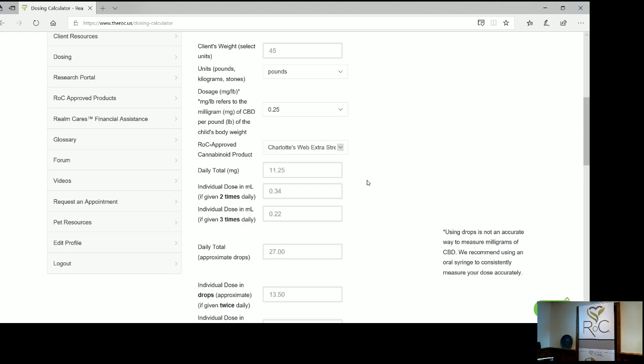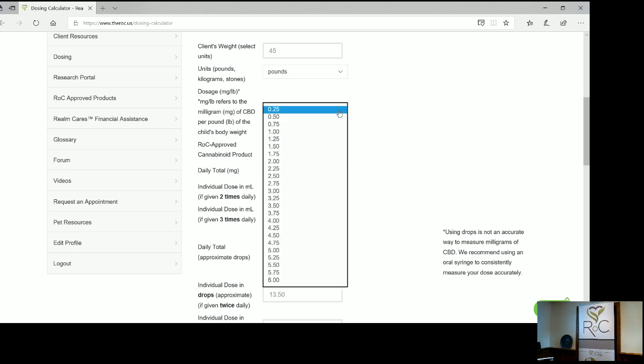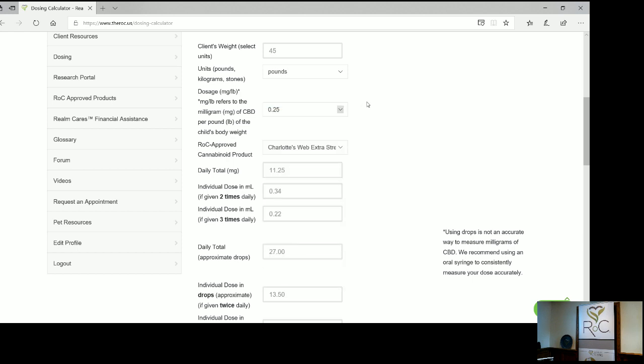We're starting with 0.25 milligrams of CBD per pound. Now, this is typically the general starting dose for people. If your child is not using any type of medication or maybe not necessarily sensitive, you can technically start with 0.5 milligrams per pound, but we want to find the smallest dose that's going to provide the maximum benefit. So it's always easier to go low and slow when it comes to dosing.